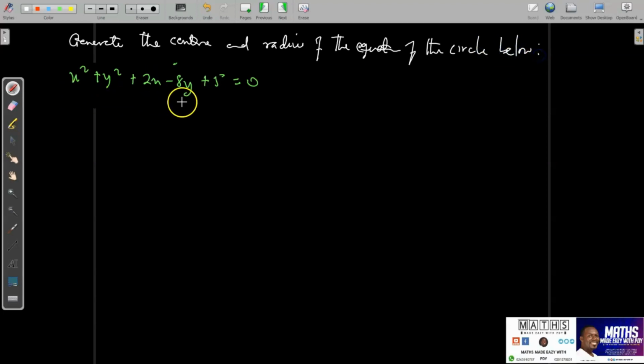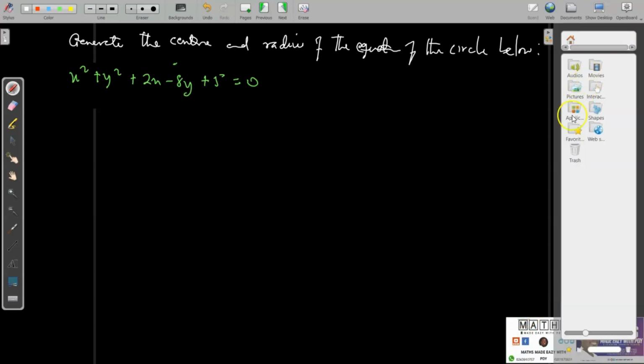So this is the equation of the circle. I want you to look at it, work out the center and then the radius. I'm giving you approximately 2 minutes.